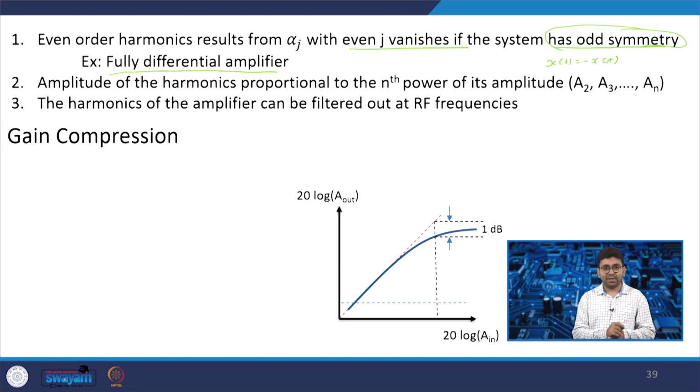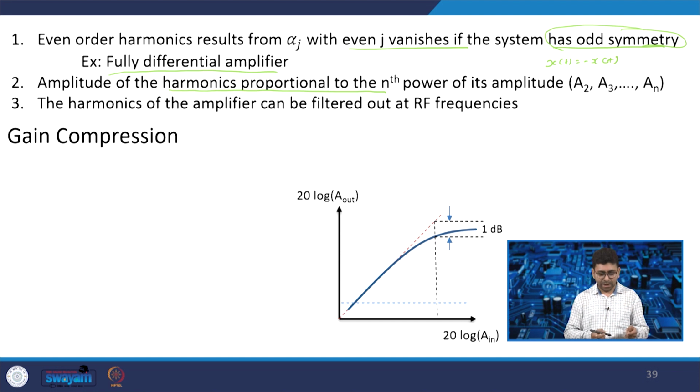Another important note that we can take from the last equation is that the amplitude of the harmonic is proportional to the nth power of its amplitude. Let us say if it is the second harmonic, then it is a square, if it is the third harmonic it is a cube, if it is the fourth, a fourth power.